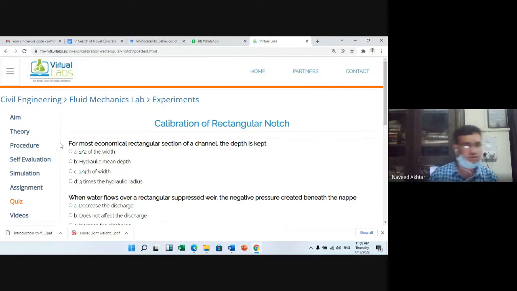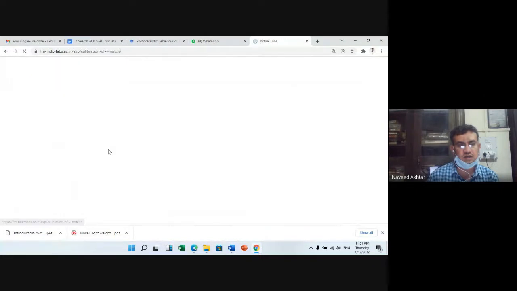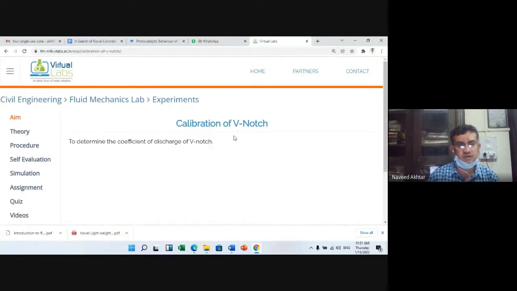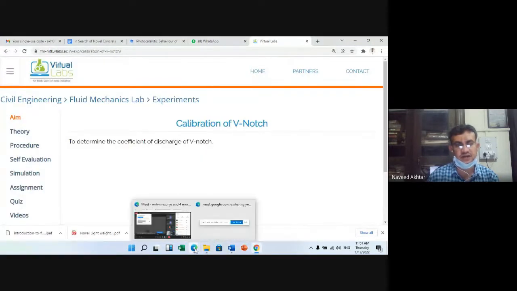So now we will come to another experiment, calibration of this V notch or triangular notch. The diploma manual already has this provided.